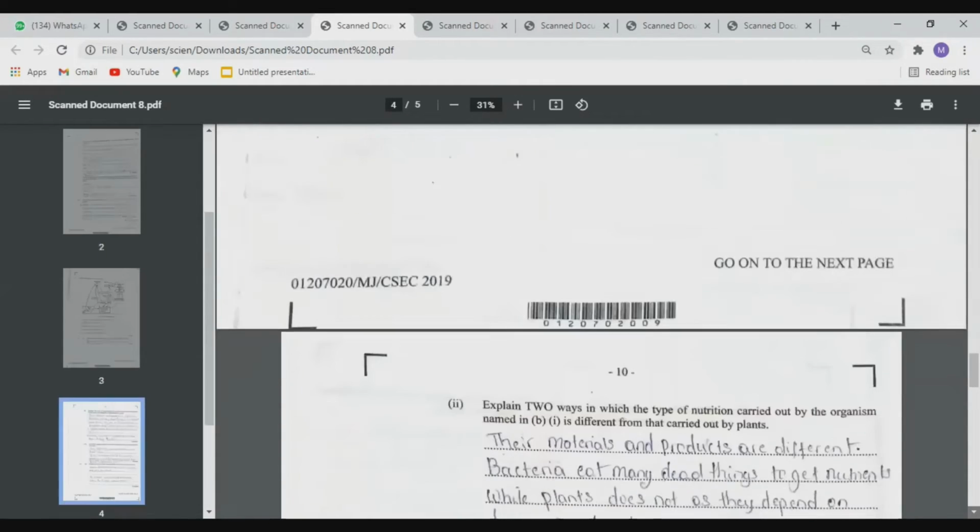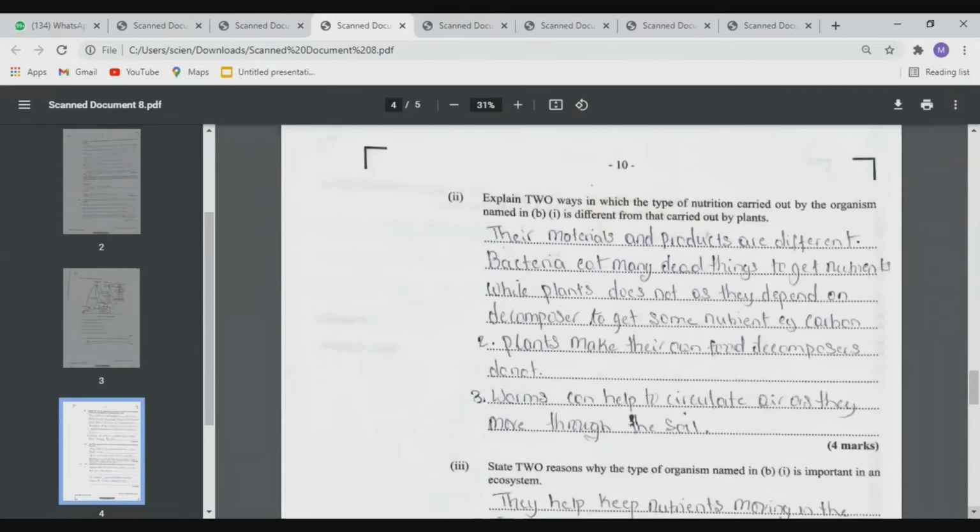The next question. 2. Explain 2 ways in which the type of nutrition carried out by the organism named in B1 is different from that carried out by plants. Remember, we're focusing on bacteria for the most part. 1, their materials and products are different, meaning that the materials bacteria use and the products they give off are different from what plants use and give off.